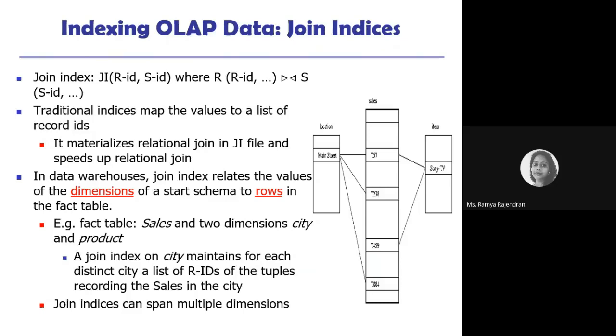A join index on city maintains for each distinct city, and you can see it can span different dimensions as well. For main street, sales, and then an item. It goes on for 3 different things, because it is from three different tables.